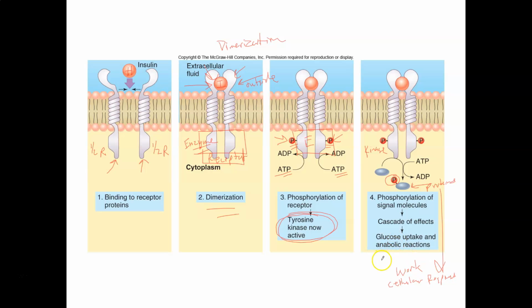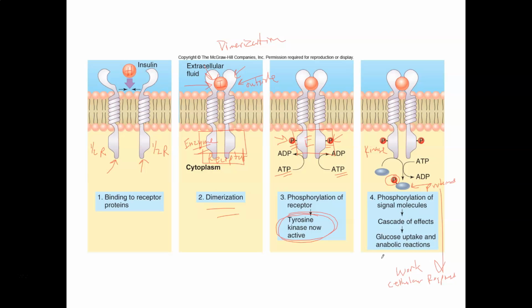And so in the case of insulin, that could be to insert glut transporters into the plasma membrane. And so we have the cellular response that takes place based on the hormone that attached to the receptor.